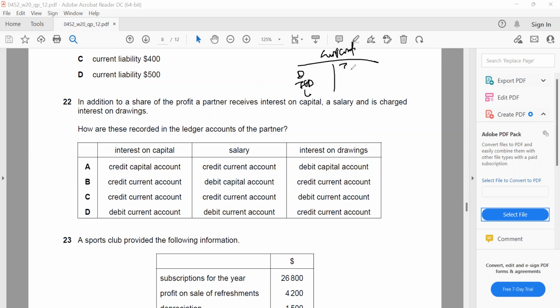Here you have interest on capital, salary, and interest on loan, and then share of the profit. So interest on capital is on the credit side. Salary is also on the credit side of the current account. Interest on drawings is on the debit side of the current account. So the answer should be C.